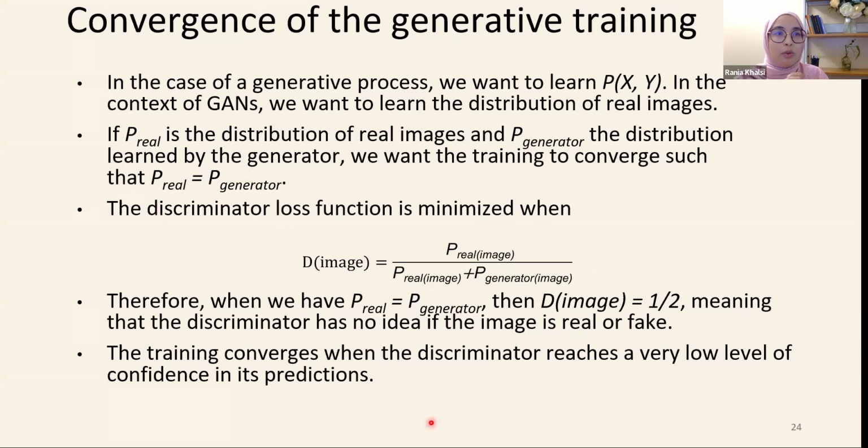Whenever they are equal, D of the image is equal to 1 divided by 2, which means a half, so the discriminator has no idea if the image is real or fake. Our objective is that at the end D of the image equals 1 divided by 2. The training converges when the discriminator reaches a very low level of confidence in its prediction.